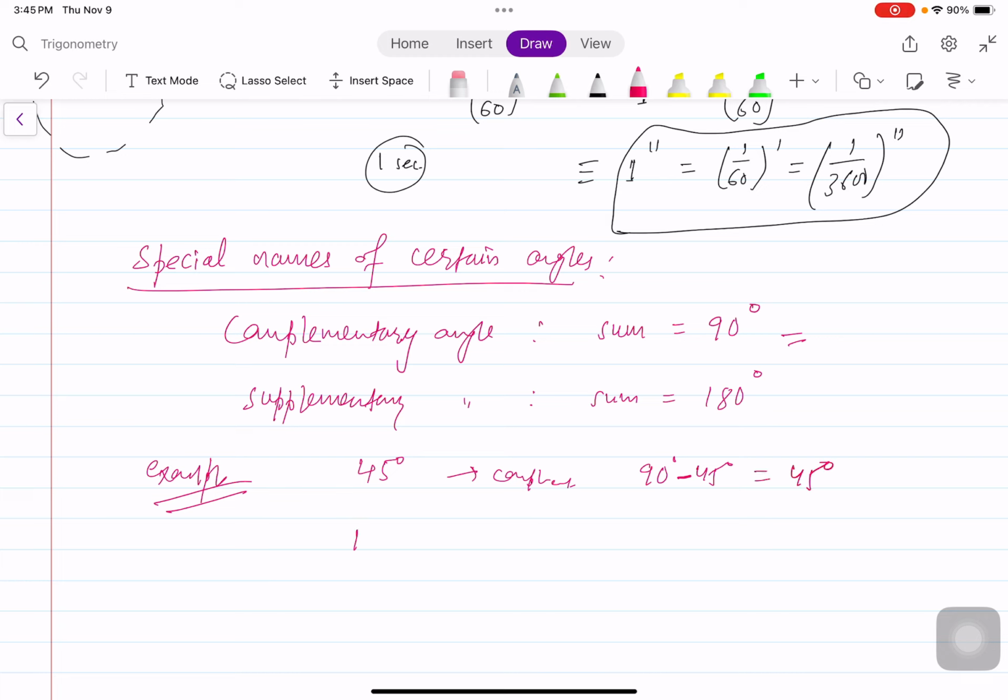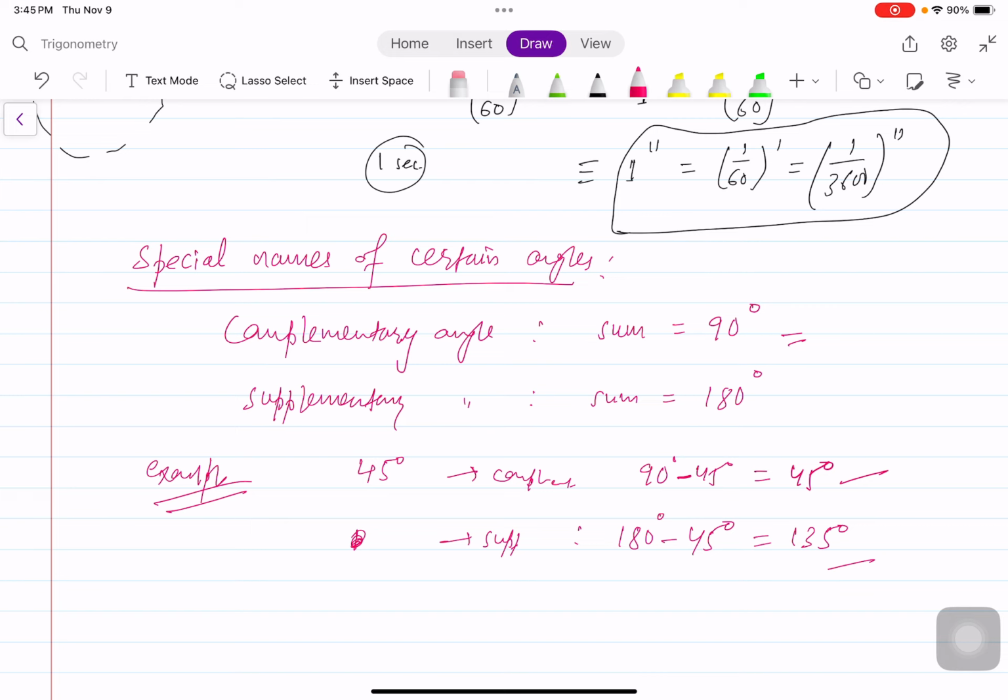Similarly, how to find the supplementary angle? Since the sum is 180 degrees, I can find the supplement of 45 degrees by subtracting from 180 degrees, which is 135 degrees. So the complement of 45 degrees is 45 degrees itself, but the supplement of 45 degrees is 135 degrees. So this is how we find them.